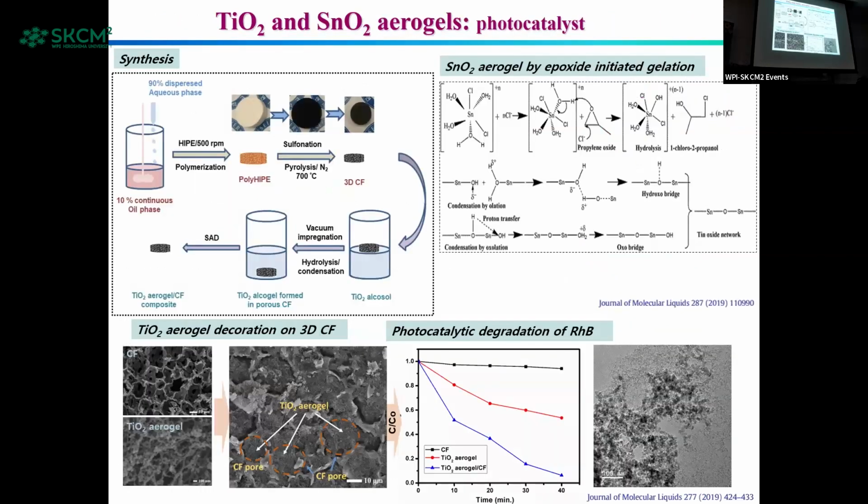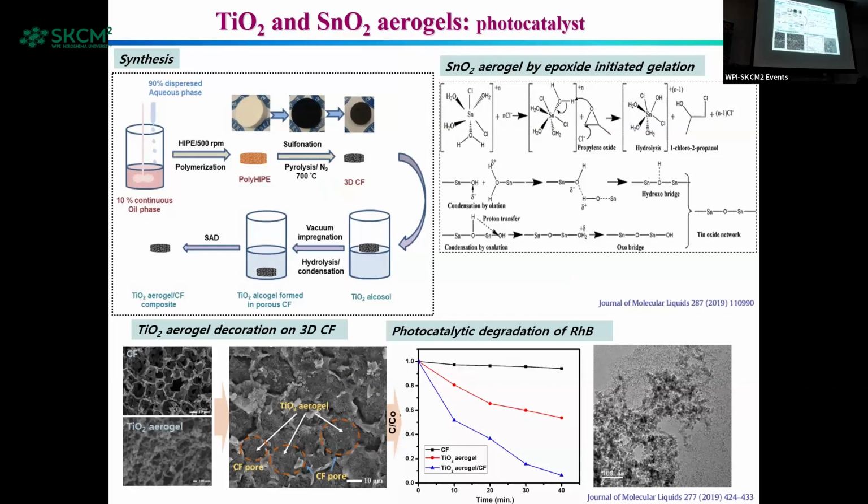Here also we use a porous foam, carbon foam, a conducting foam, because mostly if we use titanium or tin oxide aerogel, they are in powder form. The three-dimensional network is there, but they are in powder form. So when you use them for photocatalytic application, removing the powder is very difficult. For that purpose, we did this study with a conducting carbon foam, which plays a role in adsorption.